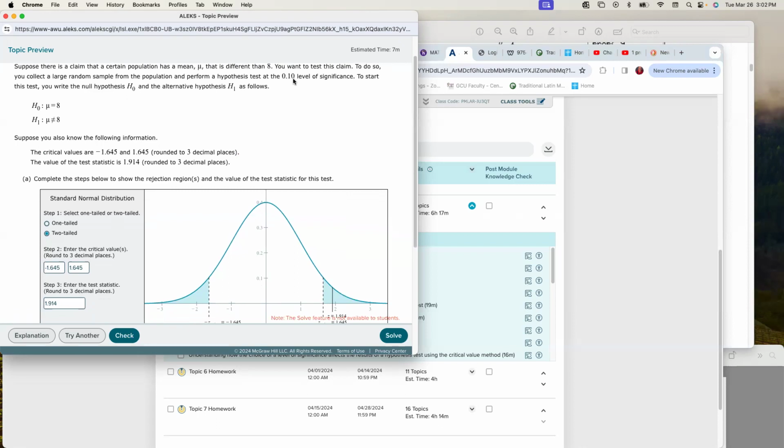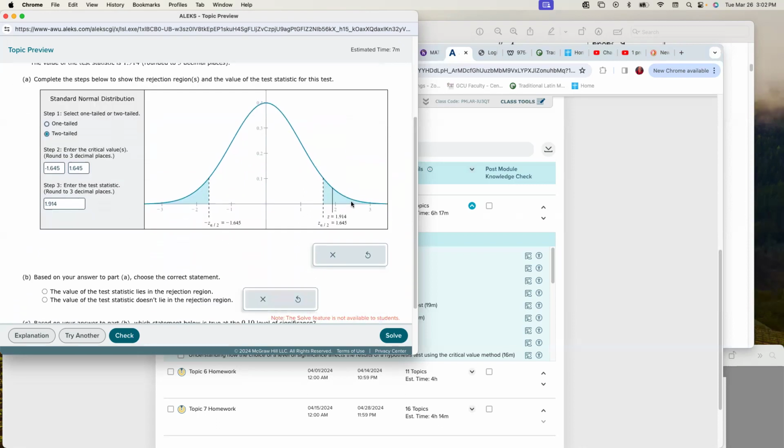So that would be 0.05. I have to put 0.05 area in the right and 0.05 area in the left. So that's what this z alpha divided by 2 is. If you put in 0.10, that would be z sub 0.05, and that's negative 1.645. And the same thing over here.